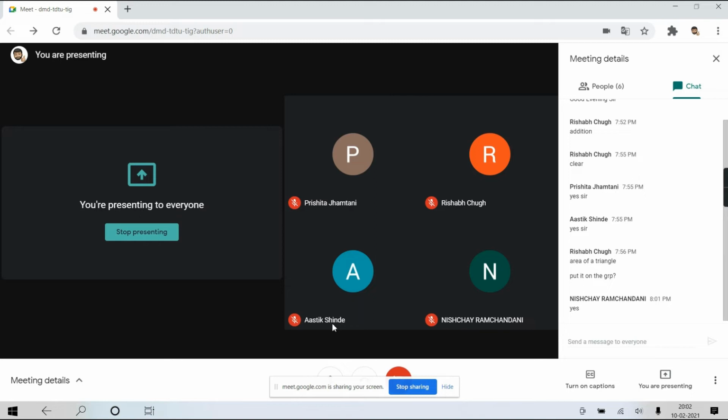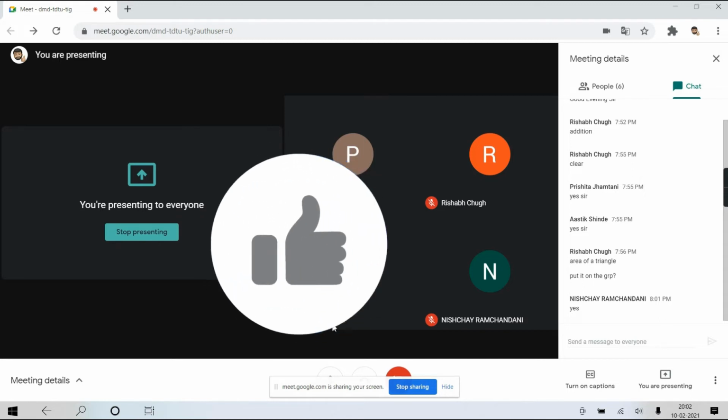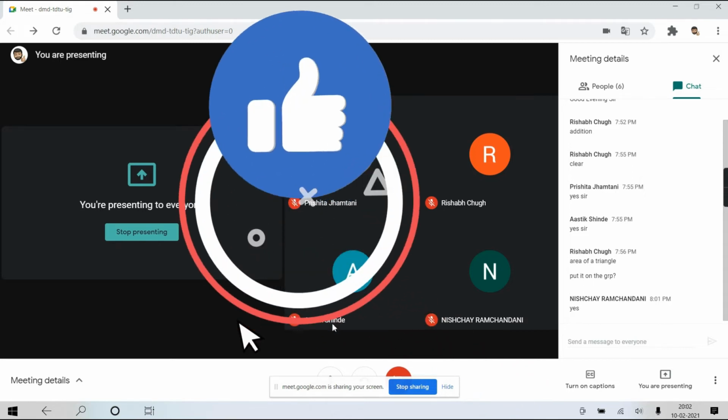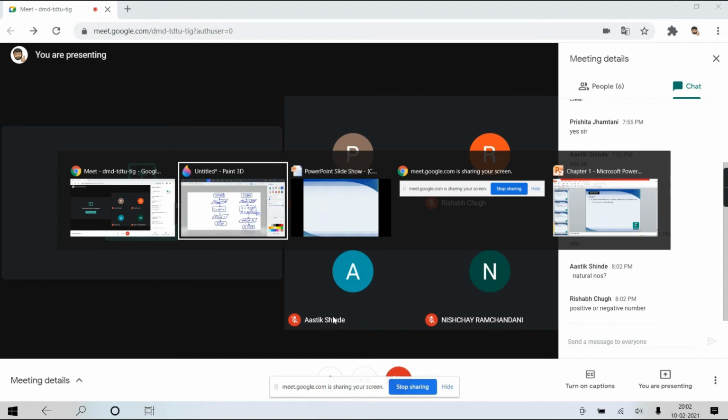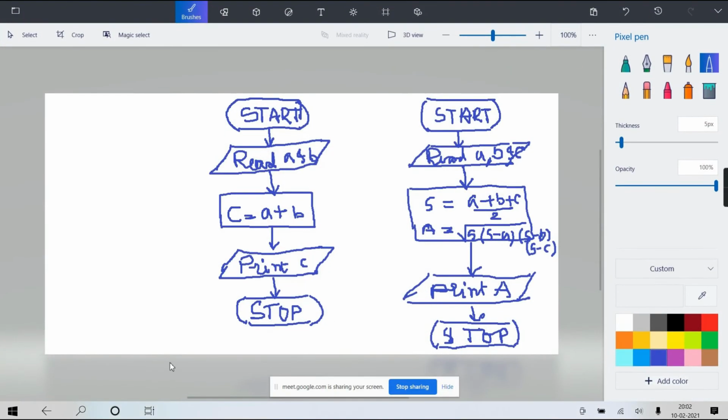Then what was the third example? You remember? Third was a decision example, I guess. Natural numbers, that was last, no? Like to check whether the number is positive, negative or 0. We have to print accordingly, right? So try to draw that too.